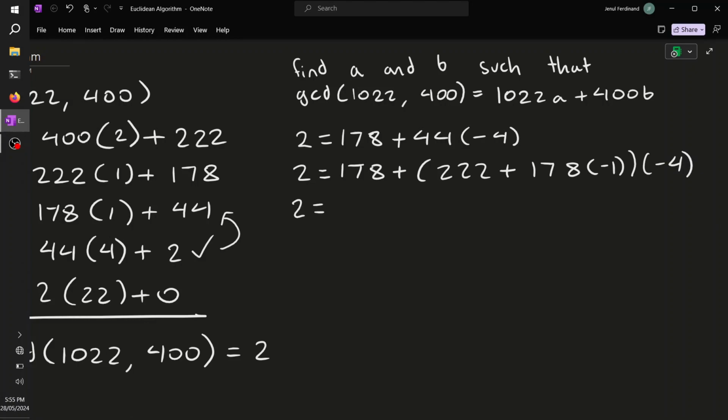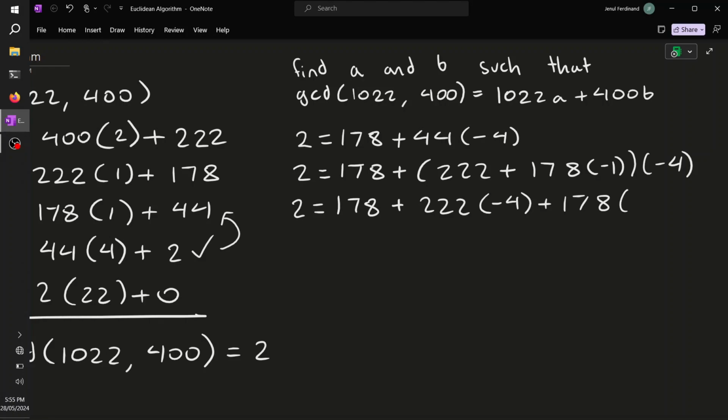And I'm going to multiply through a bit, so 178 plus 222 times negative 4 plus 178 times negative 1 times negative 4.